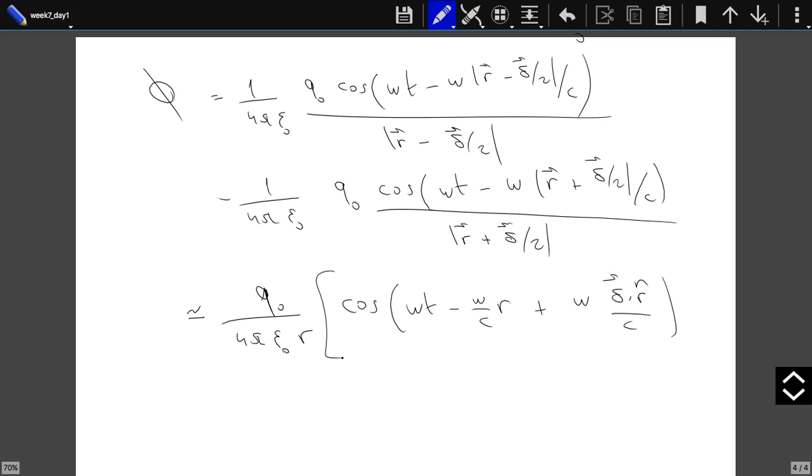This is the first term. The second term is minus cosine of (omega t minus omega over c R minus omega delta dot R hat over c), plus terms that are proportional to 1 over R squared.